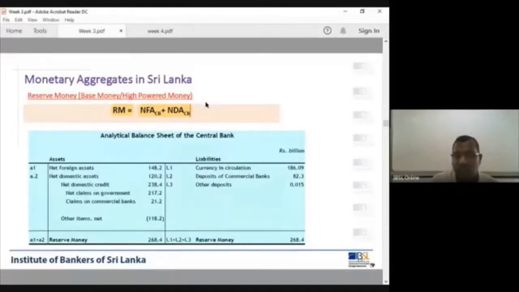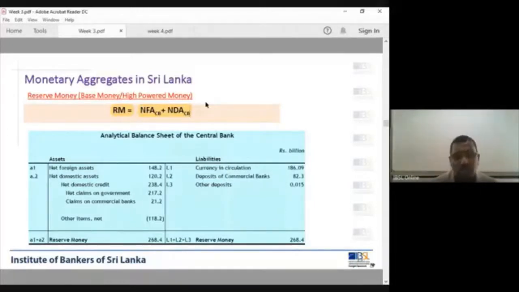Through which source? There was no foreign exchange coming in. We don't have any exports now. The growth is negative. We don't have enough remittances coming in. We don't have tourism. We don't have any foreign loans. So no foreign dollars are coming in right now, so there's no foreign currency for the central bank to purchase.